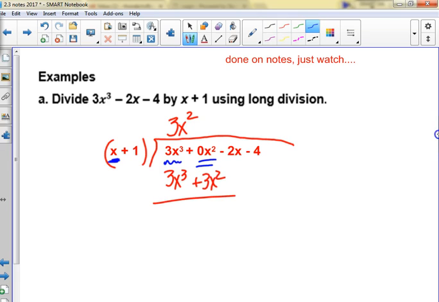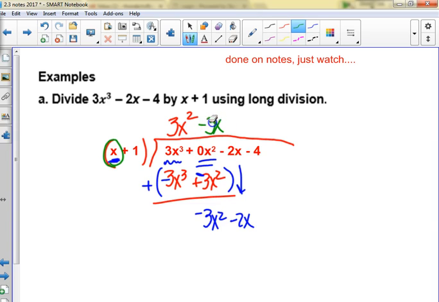The next step is to subtract. When I subtract, I always write this: I'm subtracting this quantity, and then I change it to adding the opposite. However you do it, remember you're subtracting both. So this is 0, but this is a negative 3x squared, and then I bring down. So x times what will give me exactly negative 3x squared?